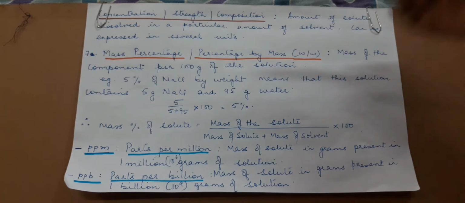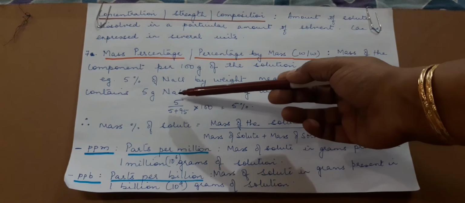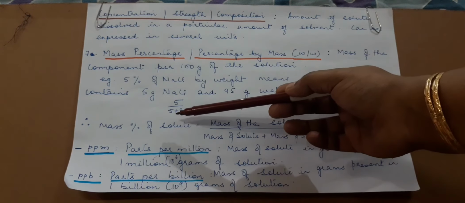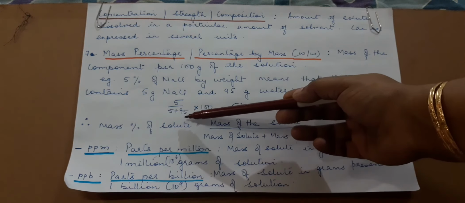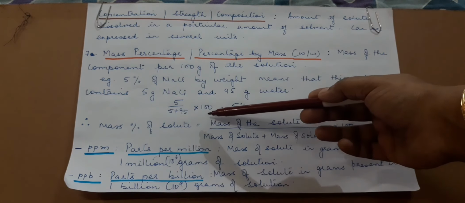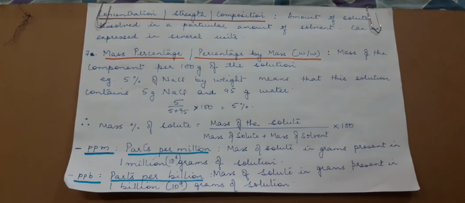Okay, so 5 gram of NaCl per 100 gram of solution is 5 plus 95, and its percent we say is mass percentage. Okay, so mass percentage is the mass of the component per 100 gram of the solution.